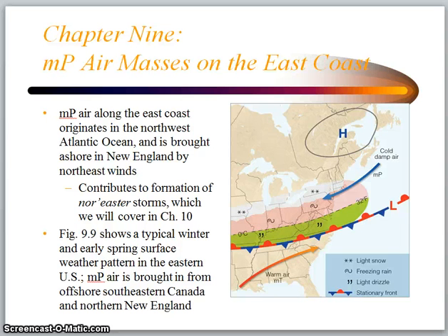But sometimes, if the weather pattern is right, if the winds are in the right position, maritime polar air from the western Atlantic or off the east coast of Canada can move into the northern United States and really juice up the atmosphere and cause a lot of precipitation like rain and freezing rain and snow and so on, and can also be instrumental in producing the kinds of storms called nor'easters, which sometimes hit the east coast in the winter and springtime. Figure 9.9 at the right shows a typical winter and early spring surface weather pattern in the eastern U.S. with maritime polar air coming in from the Canadian maritime provinces into New England.